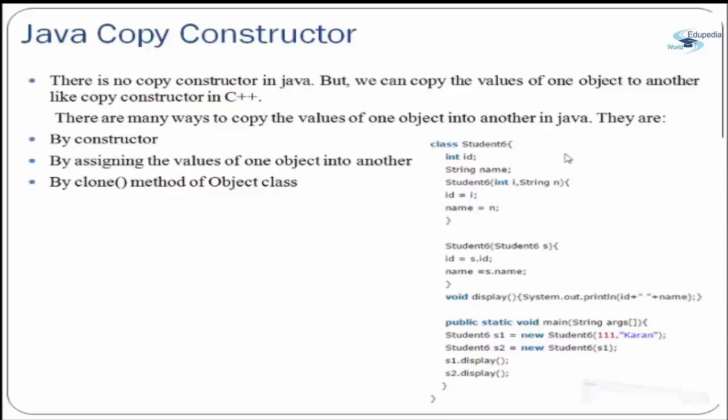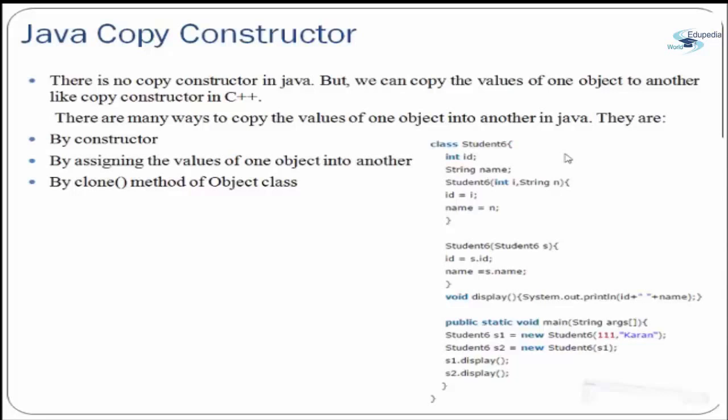So the object that we created previously, s1, we pass the same object while creating s2. So s1 will be passed on and the second constructor will be called, which takes the object of Student6, and then s.id, which is 111, will be initialized to id and s.name, which is Karan, will be initialized to the name of s2. So if we display s1 and s2, both will give the same values. So this is the way through a constructor.